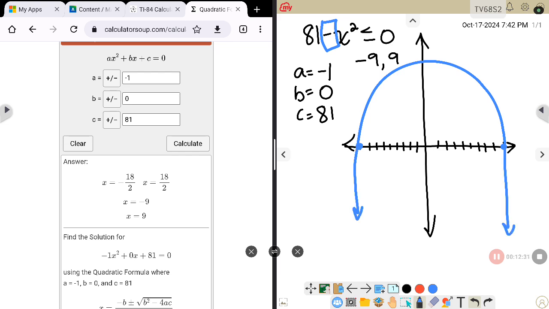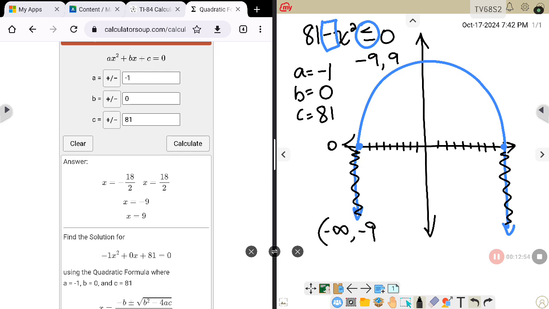Now, it wants to know where it is less than or equal to 0. Remember, 0 is your x-axis, so below 0 are the intervals that it's talking about. So my first interval would come in from negative infinity until it got to negative 9.